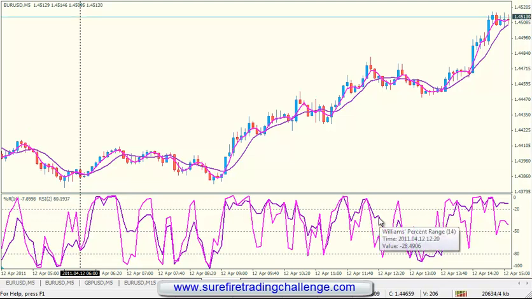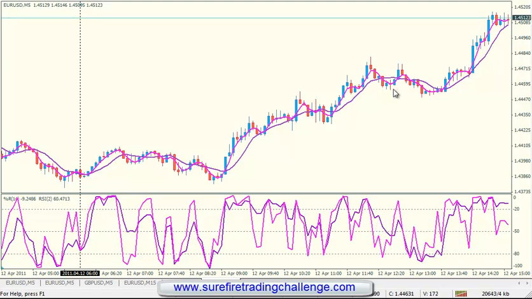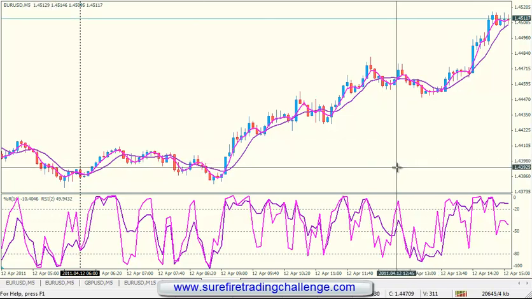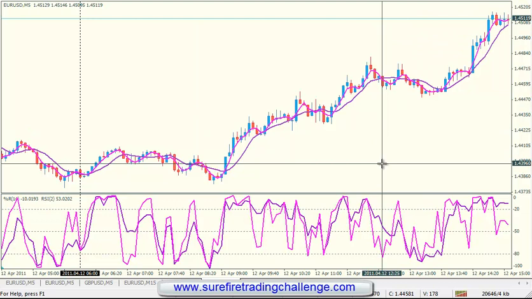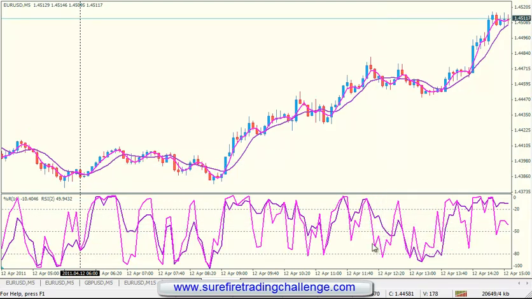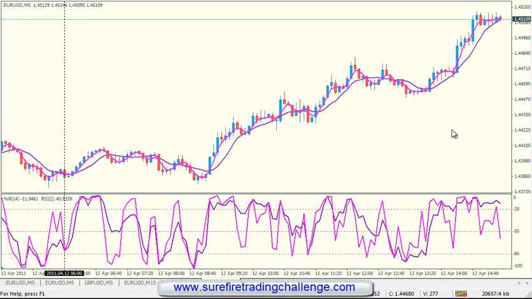So for a sell trade, we'll wait for our 3 SMA to cross below the 8 SMA, and that happened over here. But as you can see, the distance between our oscillators is quite far, and so we're not taking that trade. Right here is another signal, and as you can see, as our oscillators crossed above the negative 80 line, they were far apart from each other.